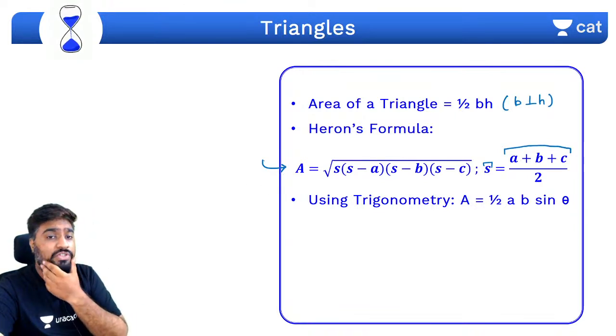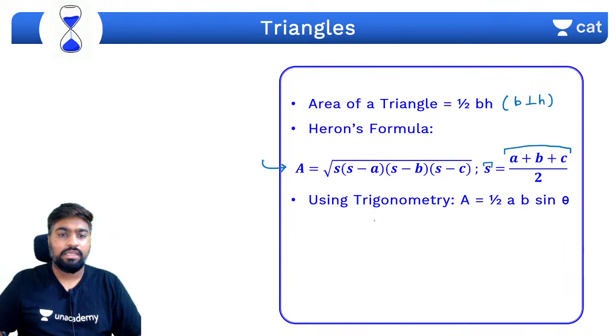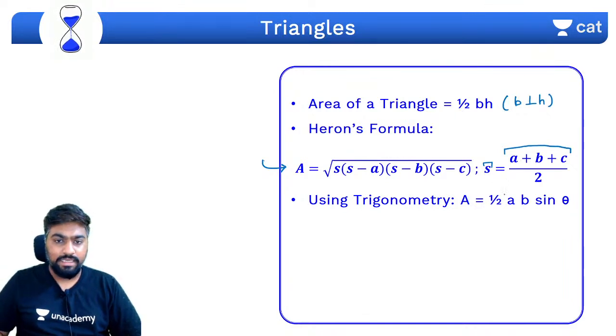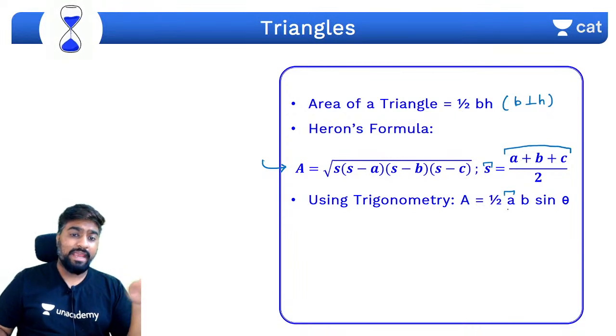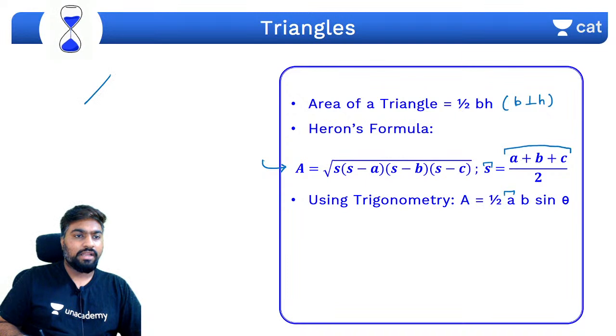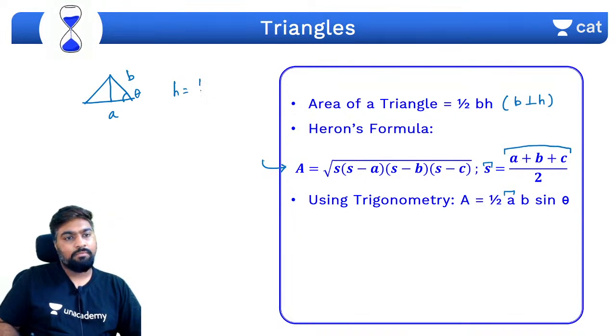You can also use trigonometry, where you take one of the sides A, and if you consider A to be the base for the given triangle, and this side is B and the angle between A and B is theta, then the height is given as B times sine theta.